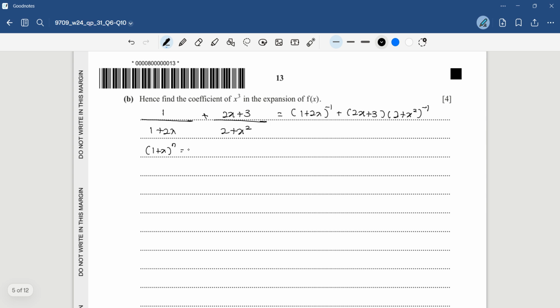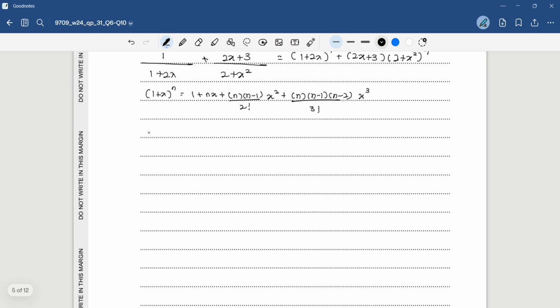so it will be 1 plus nx plus n times n minus 1 over 2 factorial x squared plus n times n minus 1 times n minus 2 over 3 factorial x cubed. For 1 plus 2x to the power of negative 1, we can directly use this because the a here is 1.